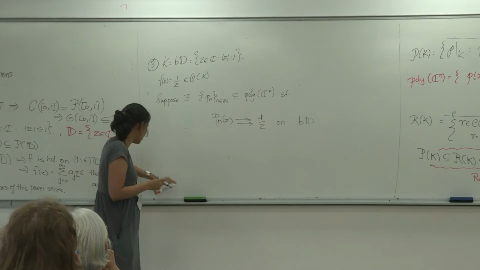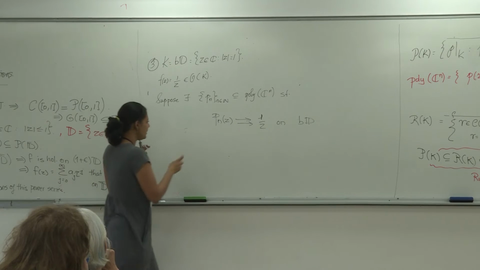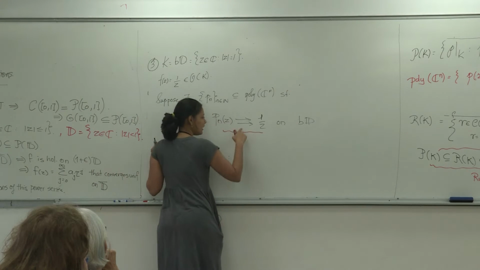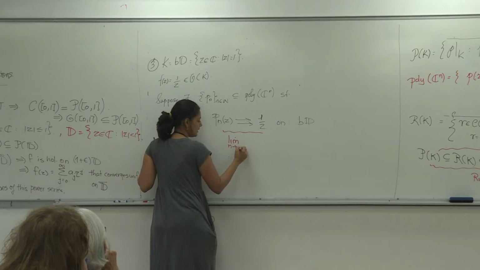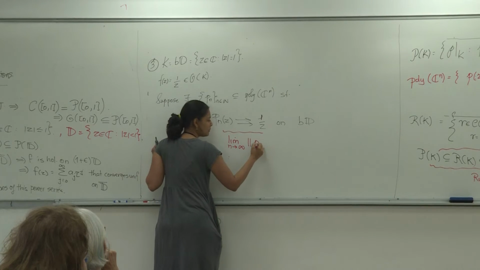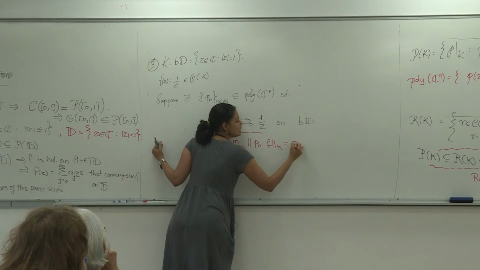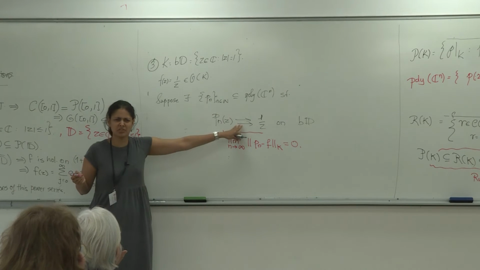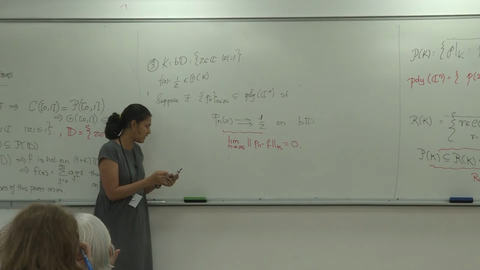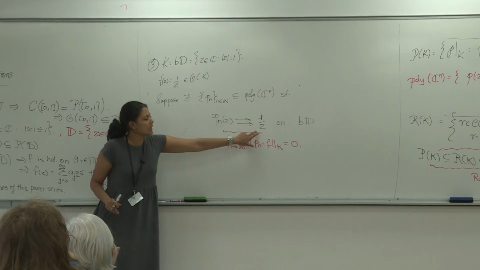It just means that the limit as n tends to infinity of the sup norm is equal to 0. This is my notation for uniform convergence. I'm going to use this throughout the lecture, throughout the course. All right. So suppose we did have something like this.